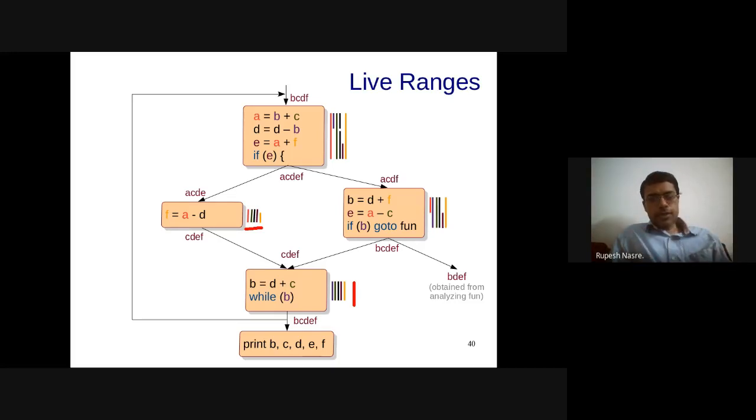So for example, whether this is simply B or you call it B2 in the SSA form, that is not going to change the live ranges, right? Because it's a definition, the live range is going to start from here. Whether it is for B or for some other variable, it's not going to affect anything, because it's a new definition.